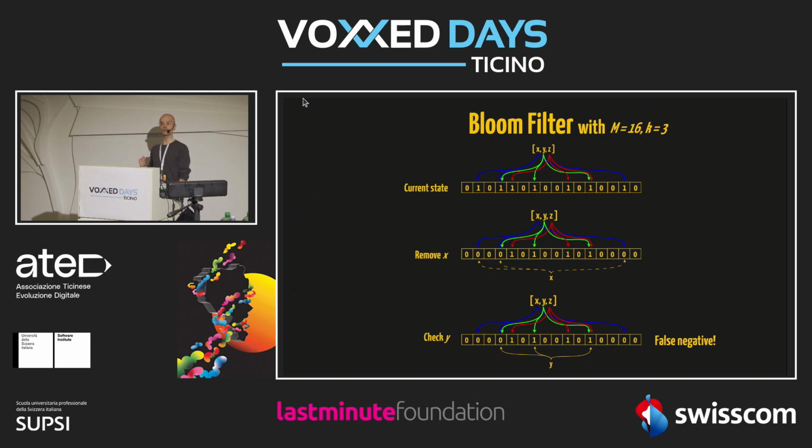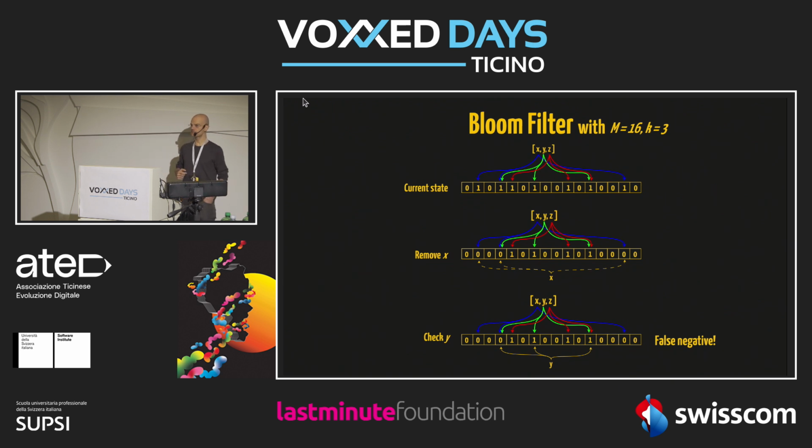But because of the collisions, when we delete the second one, we also delete the one that was used by y. And that's the issue, because if now, after removing x, we check y, it's a false negative, because it says that y doesn't belong to the set.